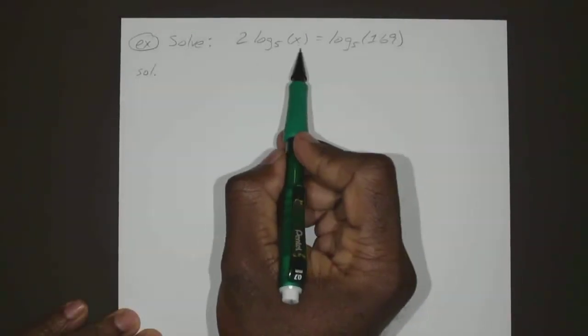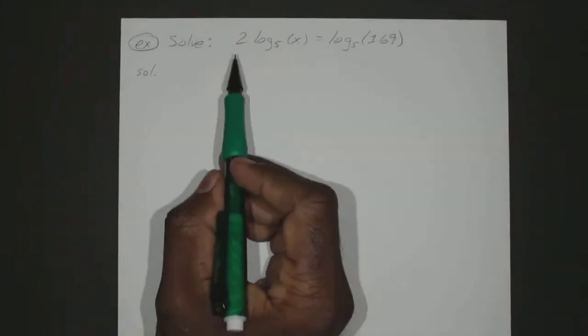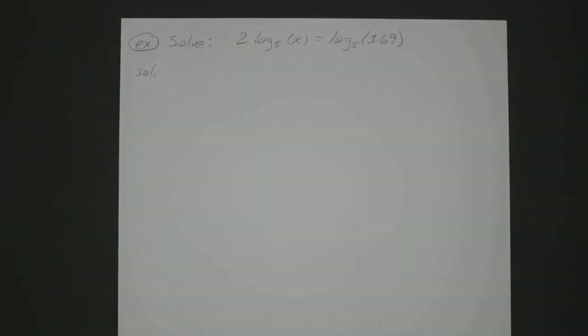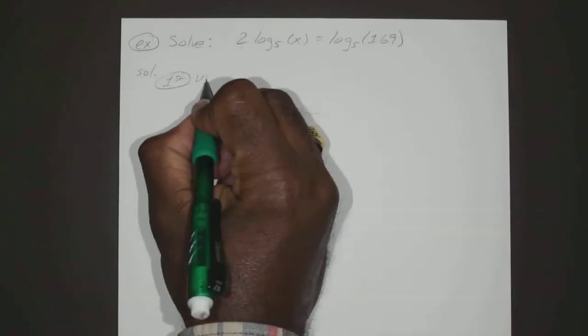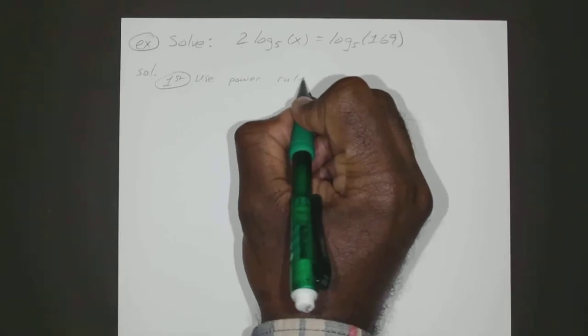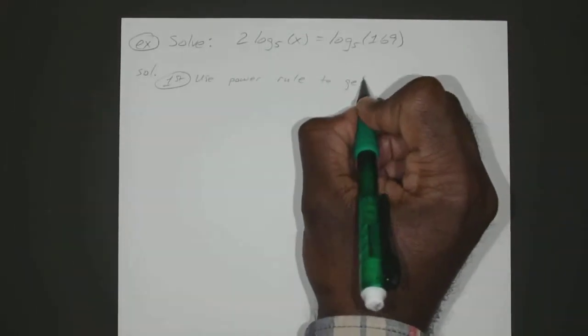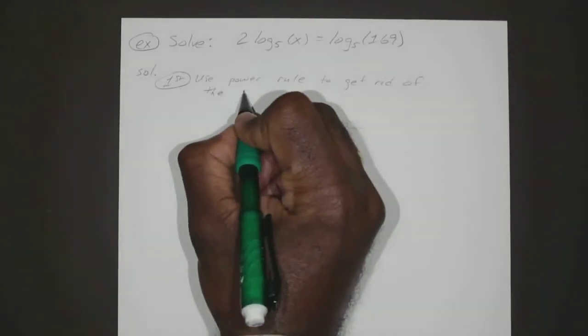You have a log function equal to a log function, so that part is okay. But the first thing you have to do is get rid of that coefficient, so use the power rule to get rid of the coefficients.